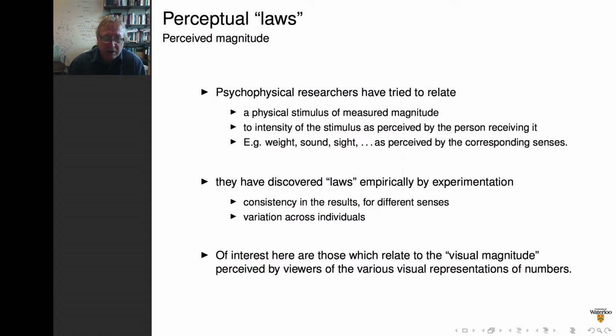So the encoding is the physical stimulus itself that's under our control, and the decoding is the person's perception. And to make things just another sense, you might think about holding up a weight in your hand and changing that weight, and what do you perceive the change in the weight to be, or how much heavier is the object, etc. So we're going to look at a number of laws here.